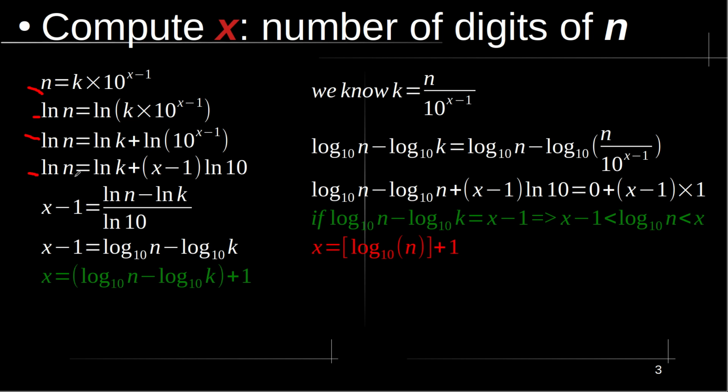Which means the natural logarithm of n is equal to the natural logarithm of k plus x minus 1 times the natural logarithm of 10. This property comes from the natural logarithm of a power b being equal to b times the natural logarithm of a.